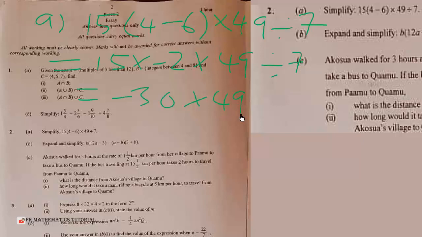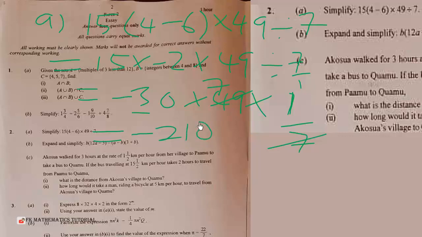Now you change the division to multiplication and reciprocate the 7 over 1 to get 1 over 7. 7 goes into 49 7 times. So we are left with negative 30 times 7. Negative 3 times 7 is negative 21, so negative 30 times 7 will be negative 210.